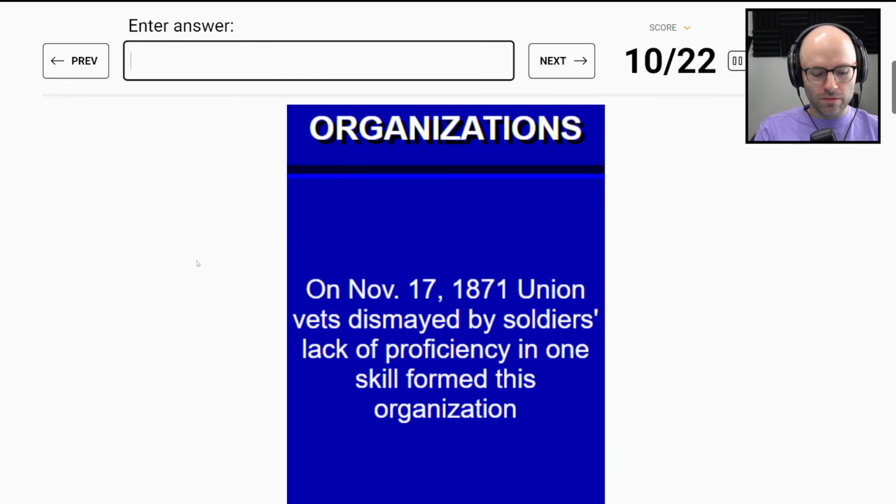What is the Cunnilingus Troop? Union. Lack of proficiency. Union vets dismayed by soldiers' lack of proficiency formed this organization. What is the French Foreign Legion?